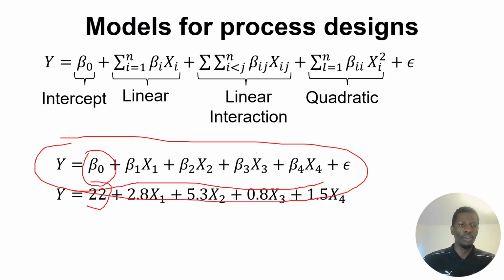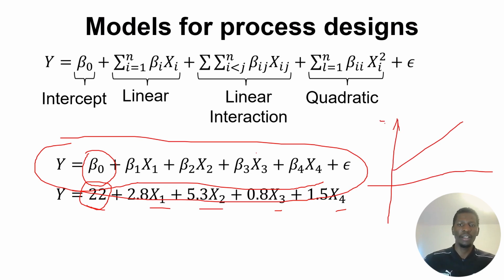Look at this scenario where the starting point is 22. This means that if you don't vary the independent variables, the moisture content of your food product will be 22. If you set x1, x2, x3, and x4 at 0, it means that the moisture content of your sample, which is actually the intercept, could be at 22%.